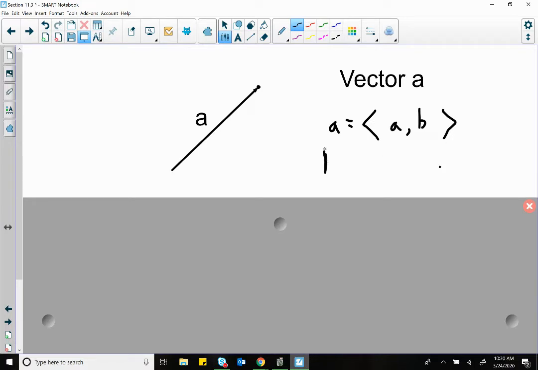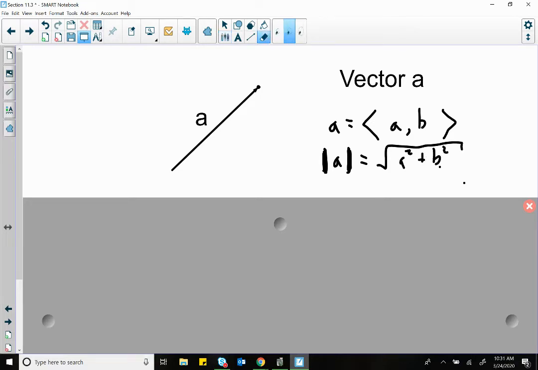Magnitude of a vector looks like absolute value, but it means magnitude. So let me put A in here. This A right here is not the same A as what's over there. Please note, this is the name of the vector. This is the component, like an X value. So magnitude looks like absolute value. You take the square root of A squared plus B squared.